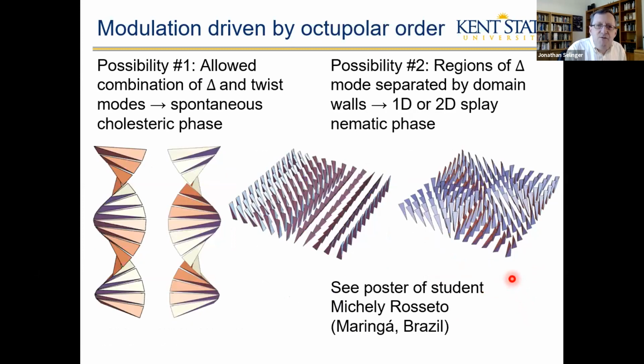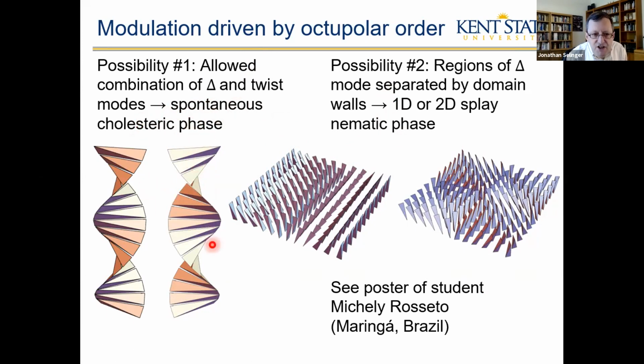Okay. And then finally, just for the sake of completeness, let's suppose that a liquid crystal has octopolar order. That is, it has orientational order of these tetrahedral kinds of objects, so that it wants to have a delta mode, okay? Can't have pure delta mode. What can it do? Well, it could have a uniform combination of delta mode and twist.